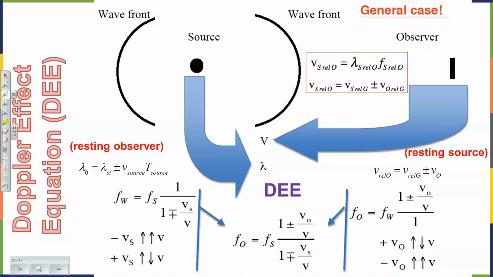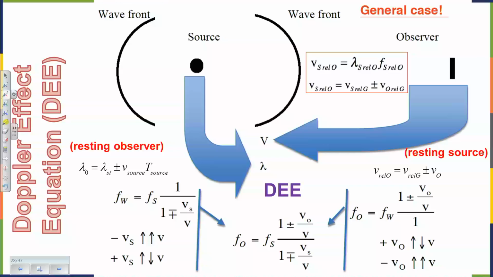And again, what helps us to make a choice? Well, this part of the equation is related to the motion of the observer relative to the ground. When the observer doesn't move, that's just 0. When an observer and wave fronts travel towards each other, the frequency should go up, so we should choose a plus.